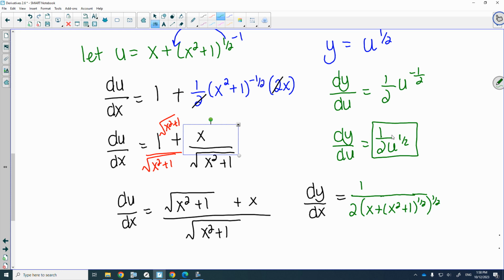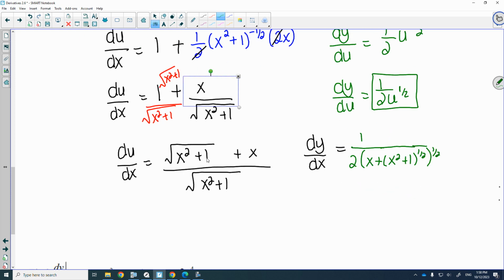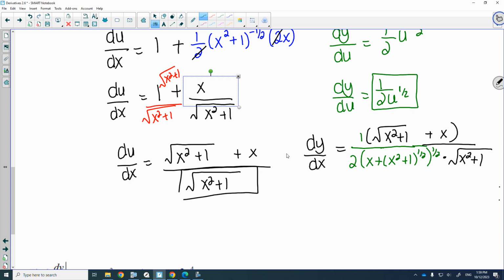Okay, so it was this function times this function. So my denominator, I'm going to multiply it by, that will be my denominator. And my numerator, it's going to be 1 times this numerator. So it'll just be this numerator, right? So it will be, okay, so it'll be this.